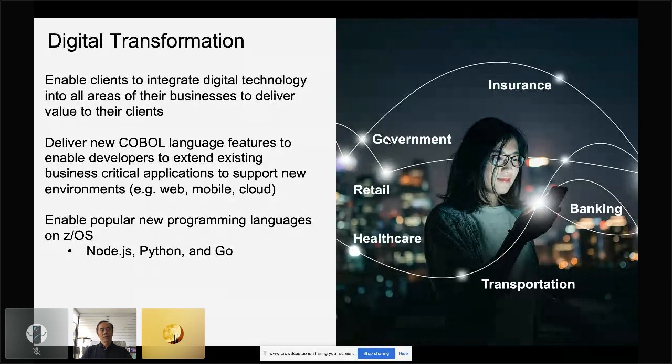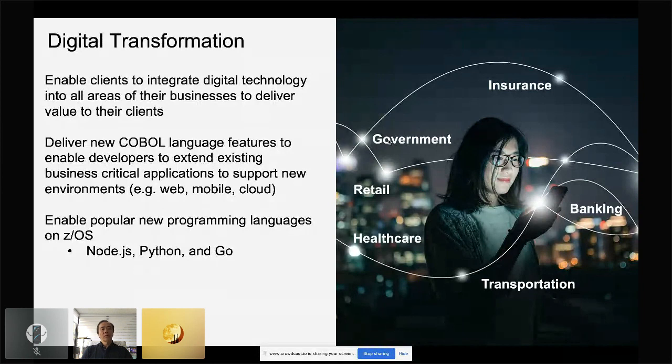One is we are going to be delivering new COBOL language features, right, to enable developers to extend their business critical applications, support new environments, right? Like if you wanted to bring your COBOL applications closer to people using the web, mobile, or cloud infrastructure, we're actually putting in new language features to enable you to do that, right?